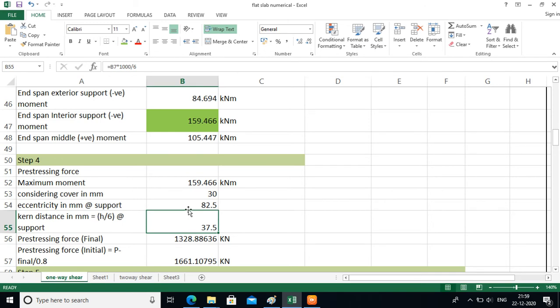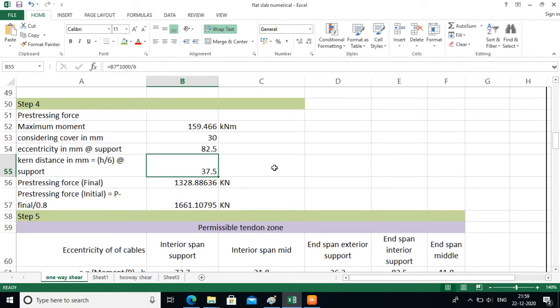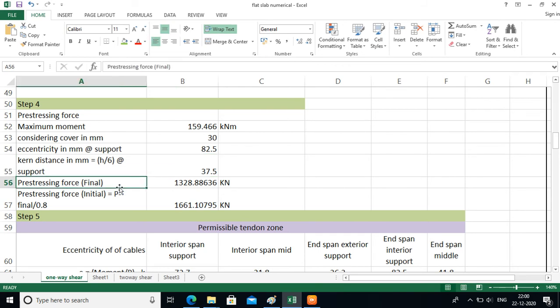Now we have the eccentricity, we have the kern distance, and we have the maximum moment. So how do we get the prestressing force? The final prestressing force is nothing but the moment divided by the lever arm distance.